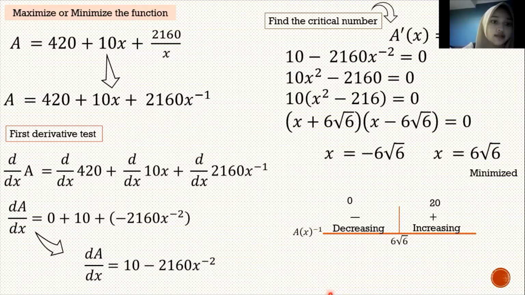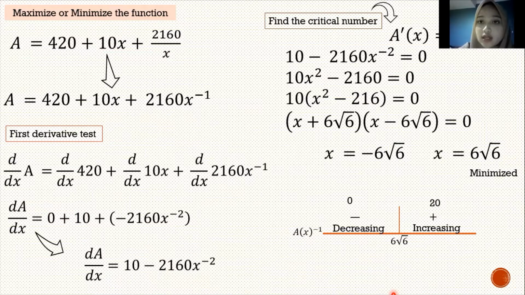We can derive it as usual, and the final answer that we get is 10 minus 2160x to the power of -2. After that, we need to find the critical number by equating the first derivative to 0.